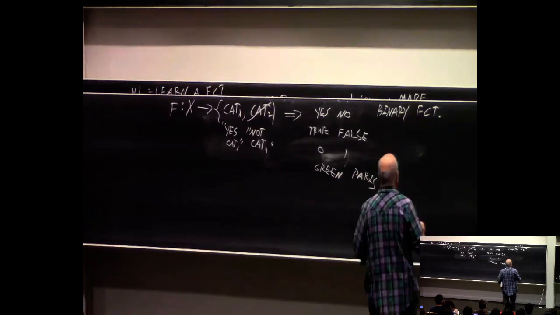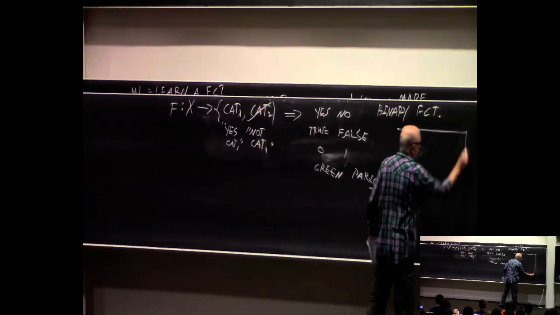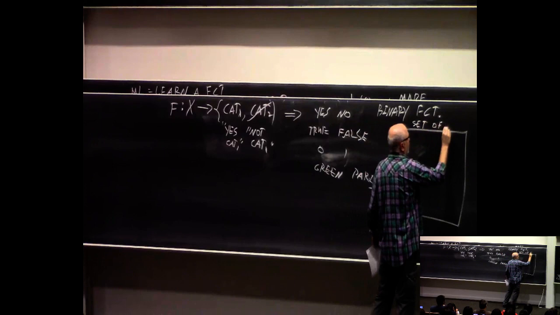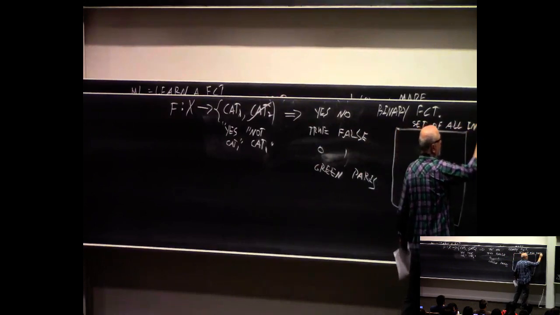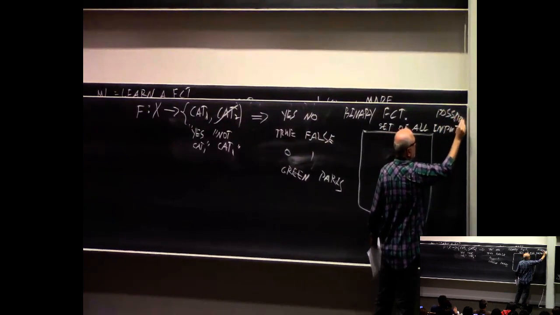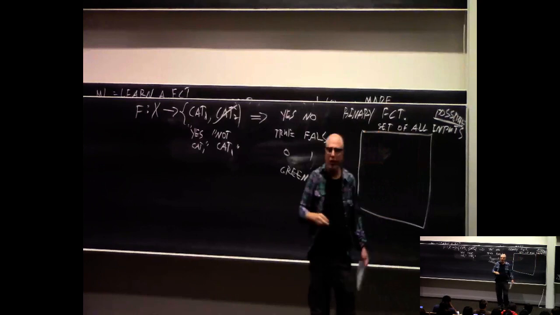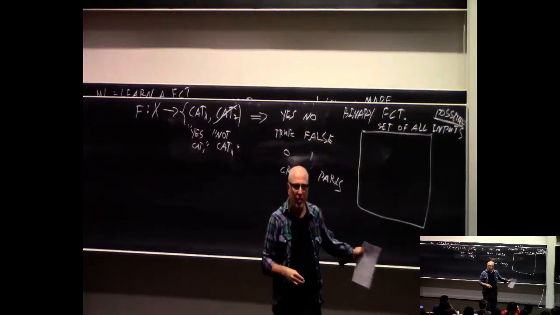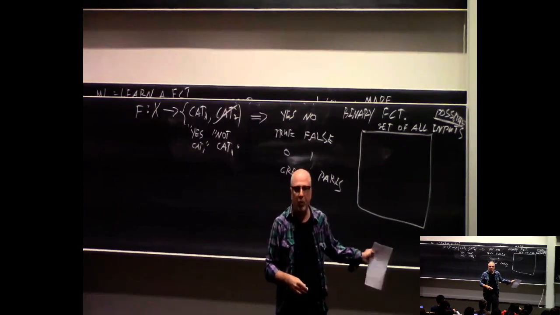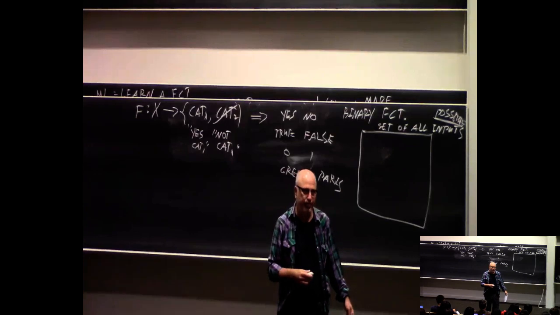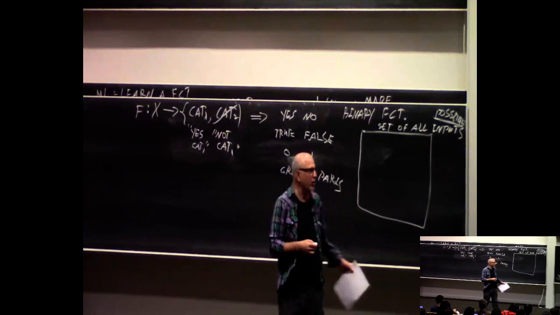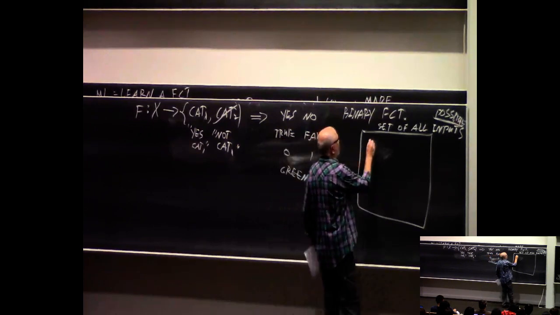If you represent all of your inputs abstractly as a set of all inputs, all possible inputs. So the word possible is important here. I'm not drawing here a training data set or a test data set or any data set at all. I'm drawing here the list of all possible inputs, the space of all inputs. Okay? That's usually a much larger space than any one data set, even a large data set.